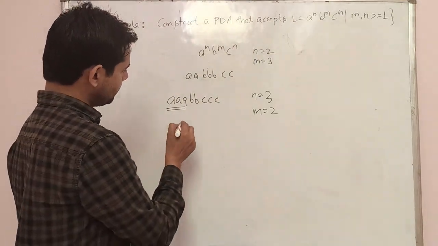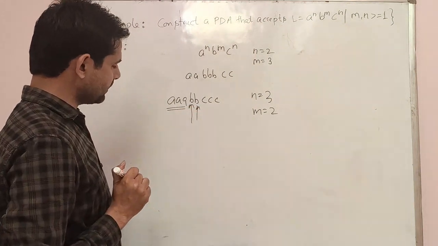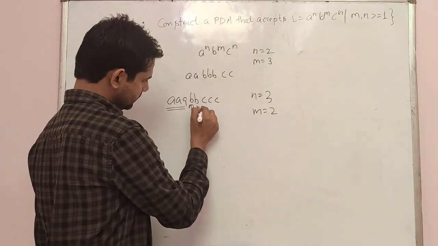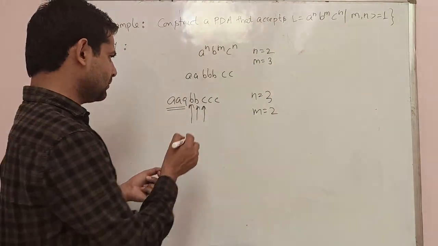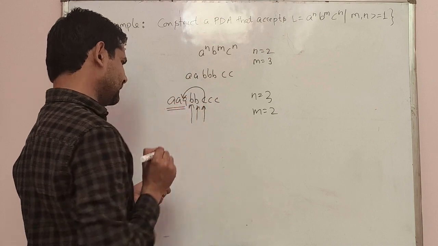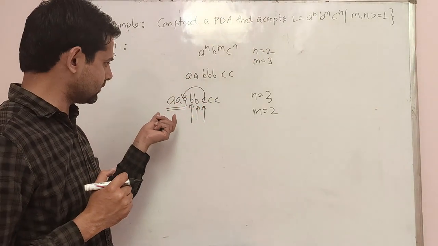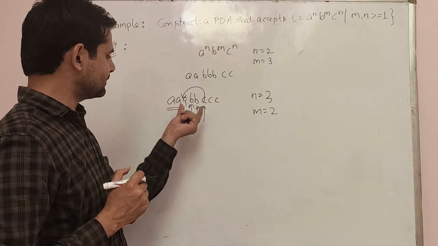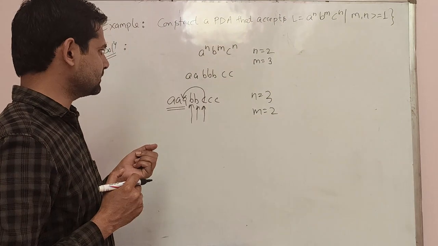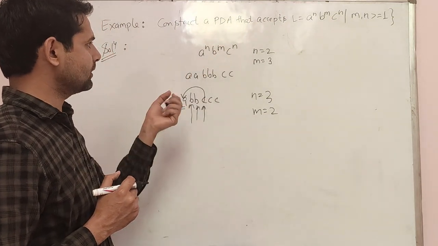Then we will read all the B's. When we read the first C in the string, we will pop A from the stack, because in that question we have an equal number of A's and C's.